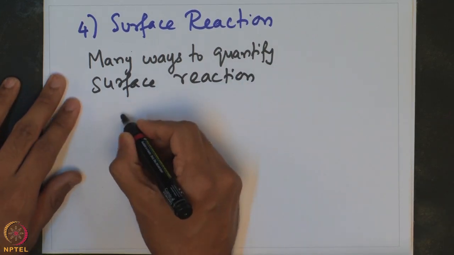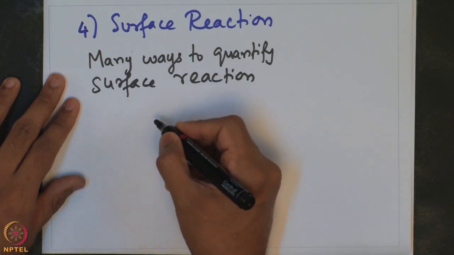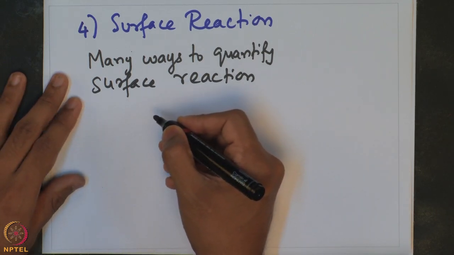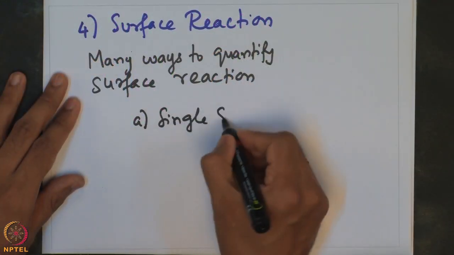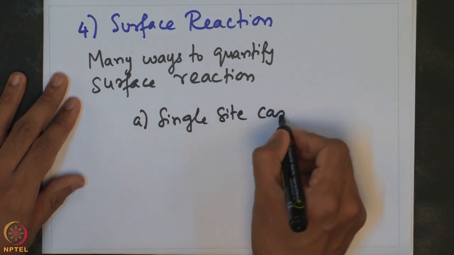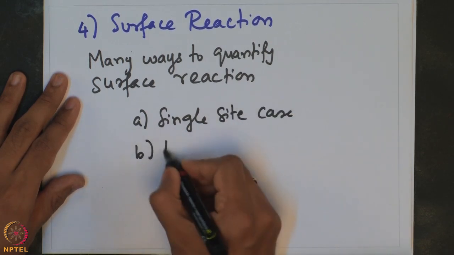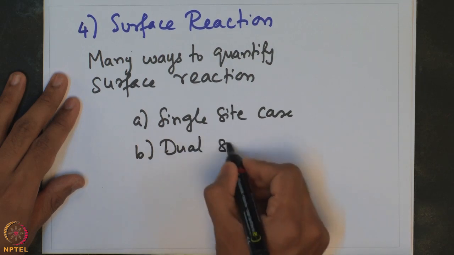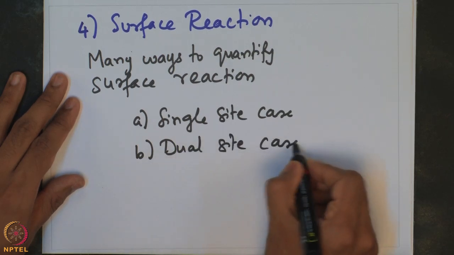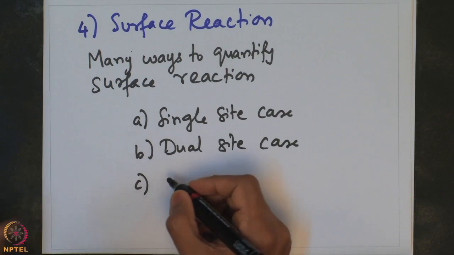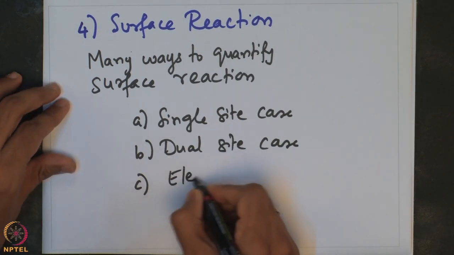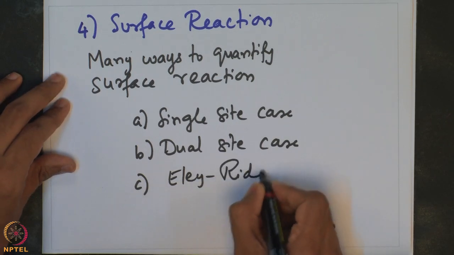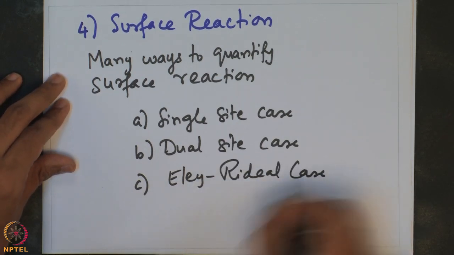We will look at how to find the rate at which the surface reaction happens for a few cases. We will specifically look at the single site case, we will look at the dual site case, and then we will also look at what is called the Eley-Rideal case.